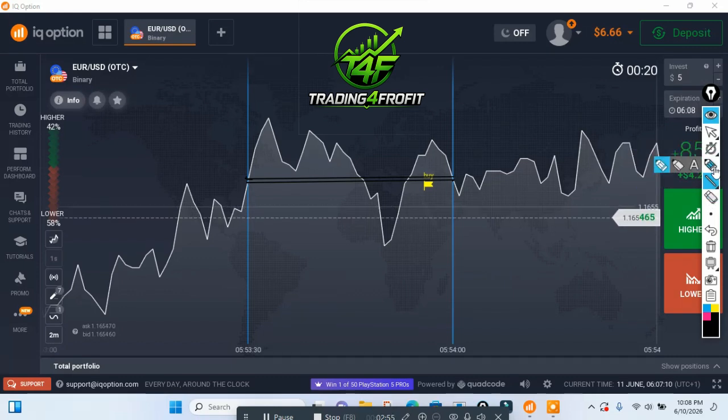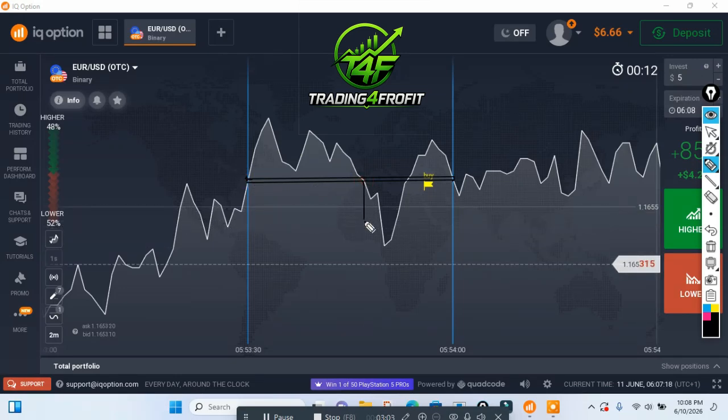This is what we got, and this is like a doji. This is the lowest point the market came to, and this is the highest point of the market.